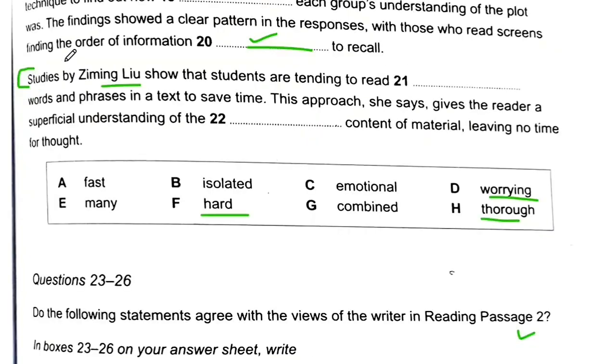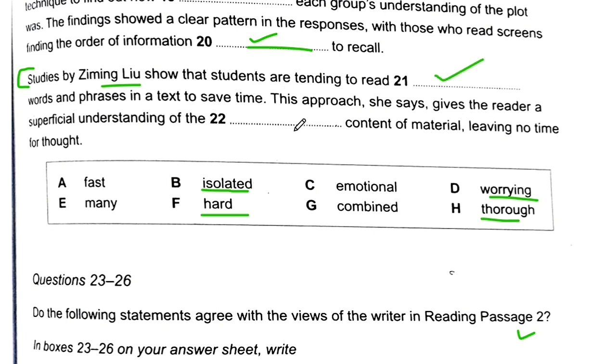So now we're looking at the question. Here you can see the study was able to show the students are tending to read dash words or phrases in a text to save time. Tending to read the fast words, many words, isolated words, emotional, combined words. You can see they were trying to spot the words. They were trying to read some isolated words and phrases in a text to save time.